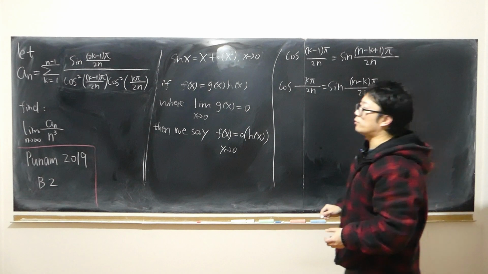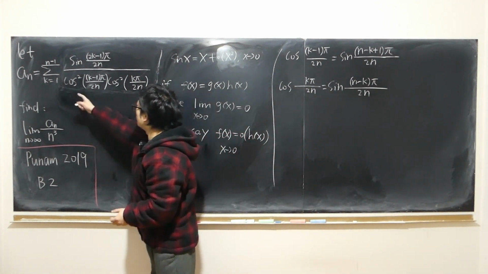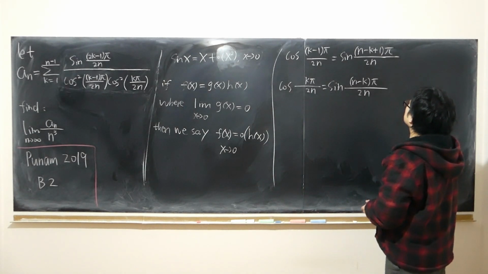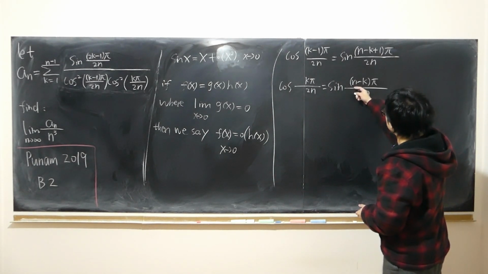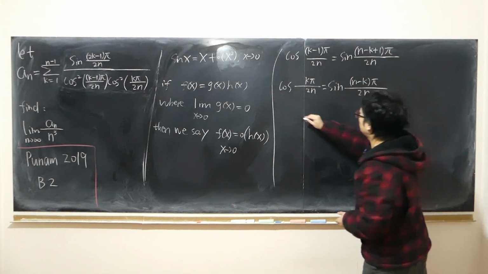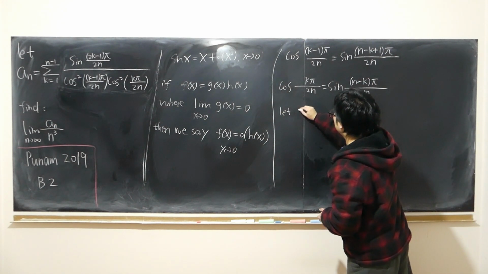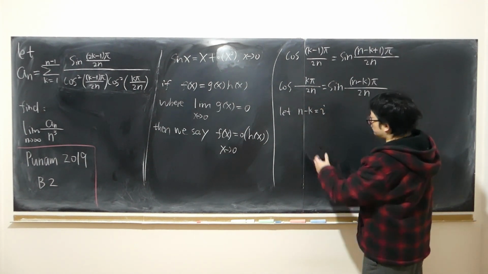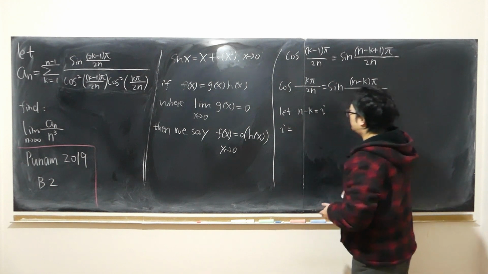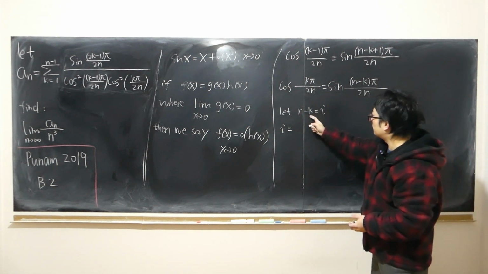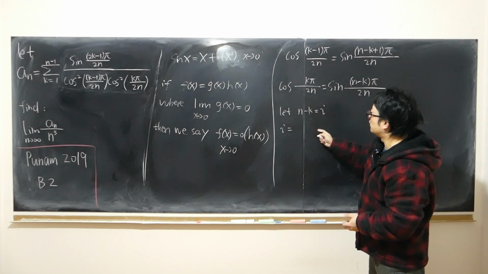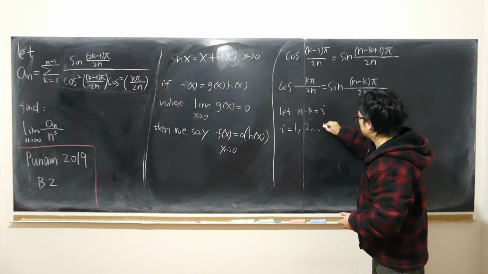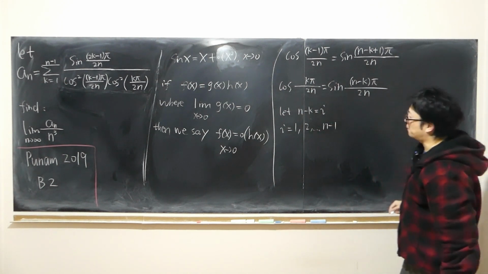But the thing is that we have to sum k from 1 to n minus 1. Right, so if we change n minus k into i, then I should sum from n minus 1, n minus 2, all the way to just 1. So, in other words, basically it's the same thing, right?